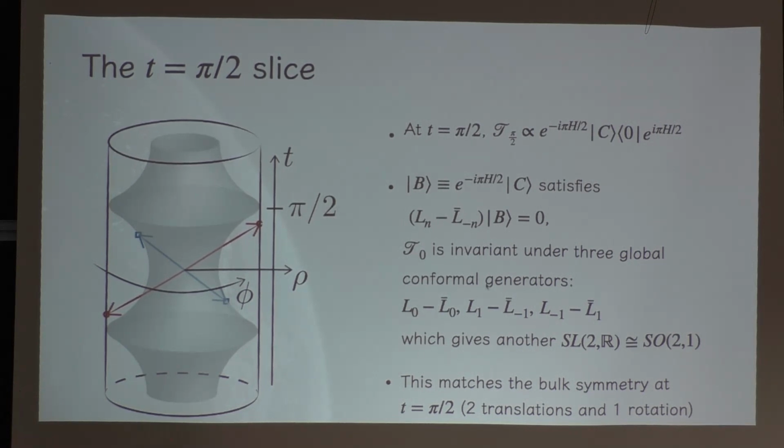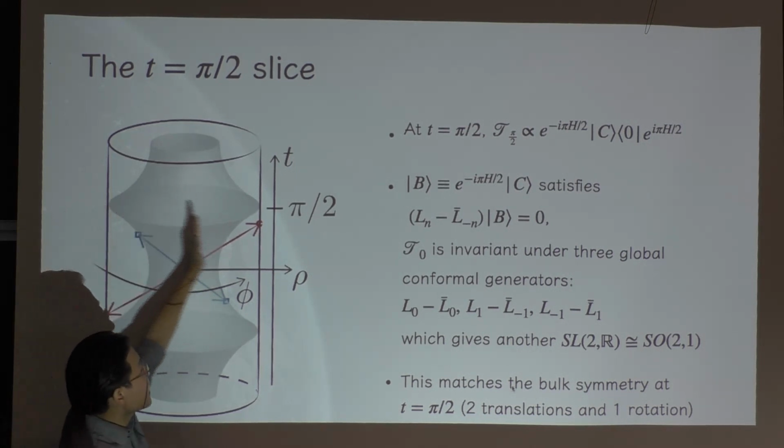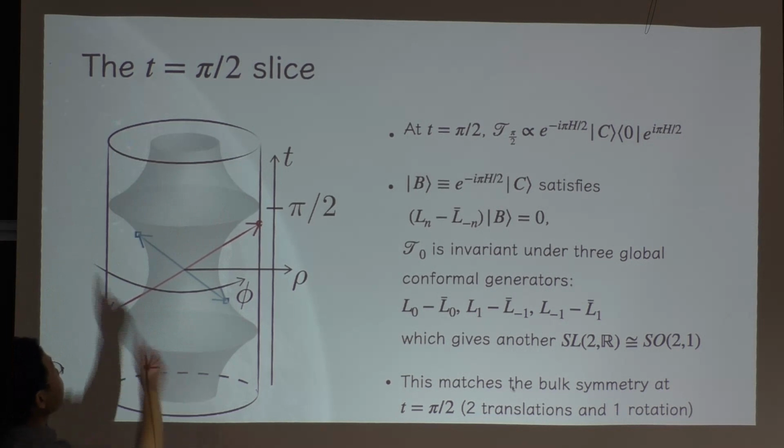And these three symmetries again form another SL2R. This is another set of SL2R, but you can check that they match the bulk symmetry at t equal to pi over 2, where you have two translations in this direction and a rotation in this direction.